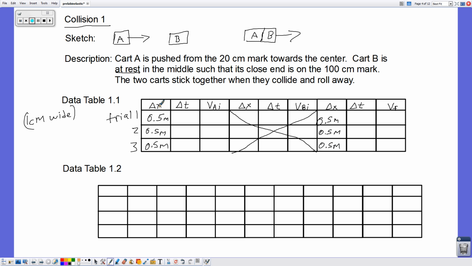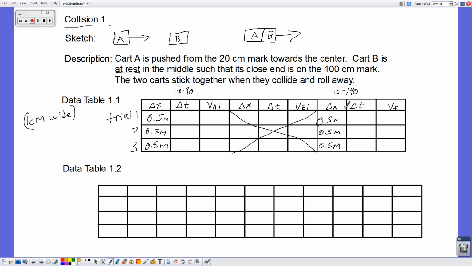To find the before velocity, you're going to be using 40 to 90. To find this velocity, you're going to use 110 to 140.